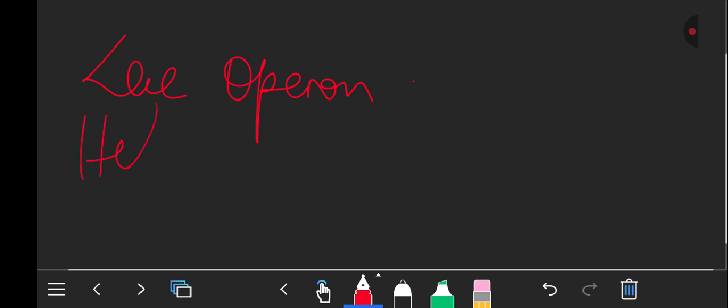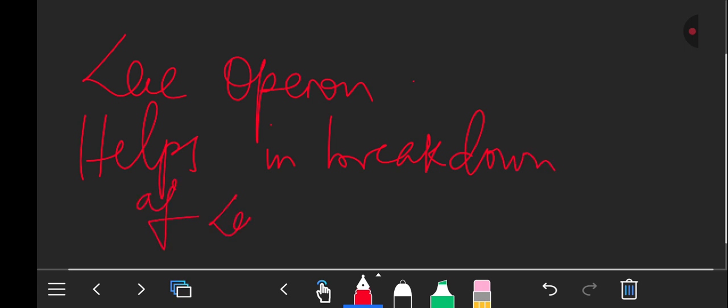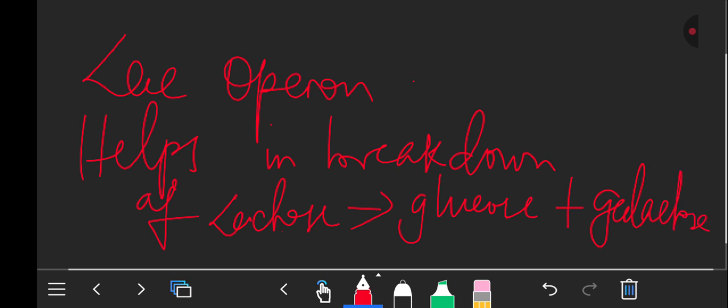It helps in the breakdown of lactose to what? To glucose and also galactose. So that is the function of this Lac Operon.